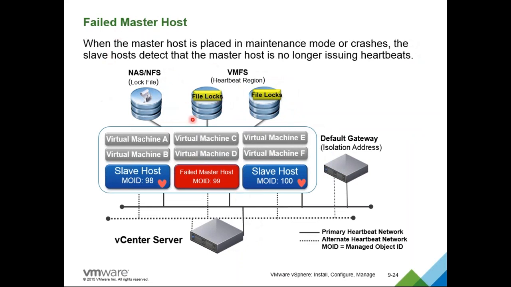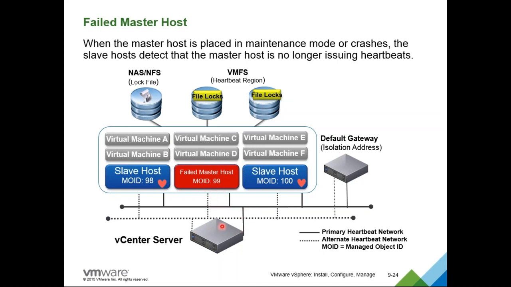When the master host fails in your HA cluster, when the master host is placed into maintenance mode or crashes, the slave host detects that the master host is no longer issuing heartbeats. Your host will have a MOID by default that will be generated by your fault domain manager agent.